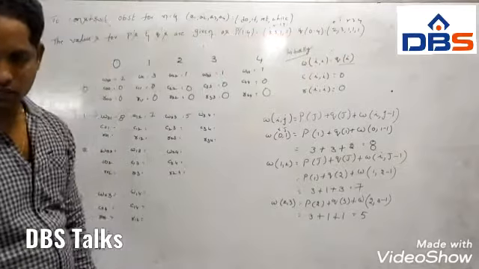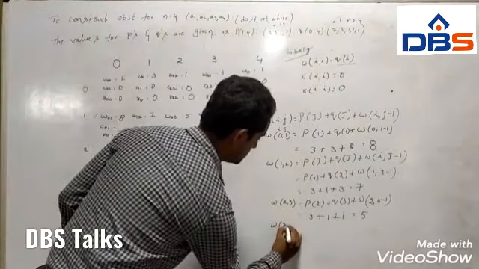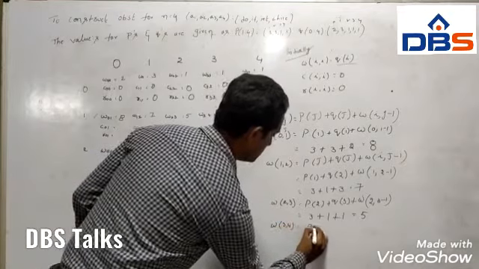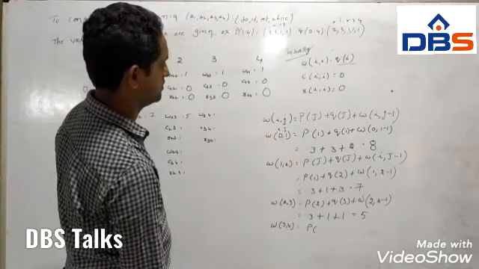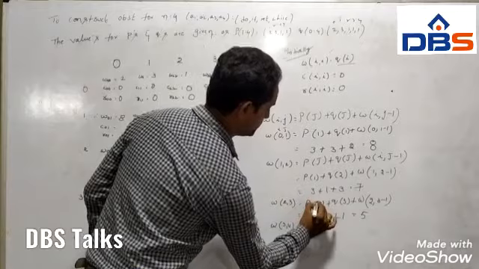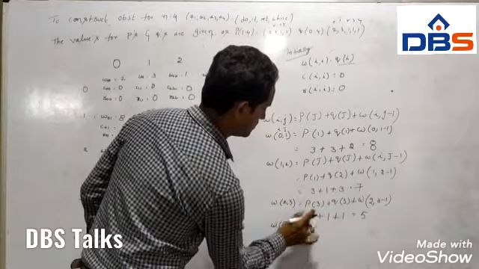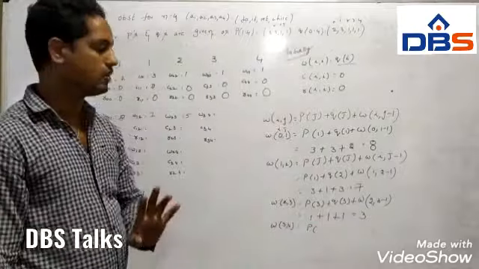Now to construct W of 3 4, we use P of j, not P of i.